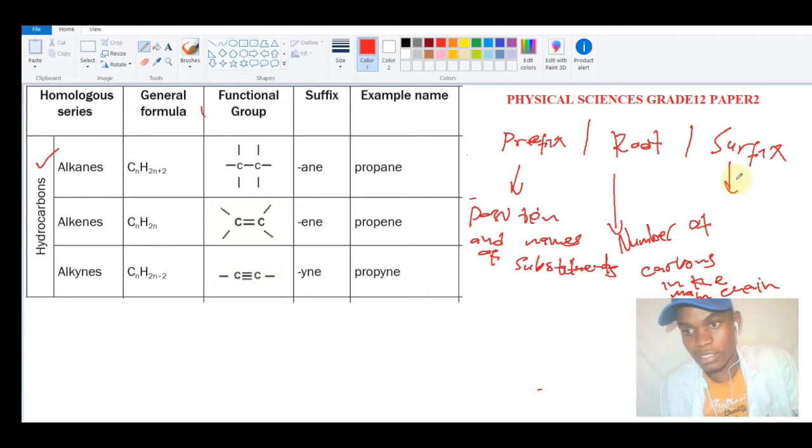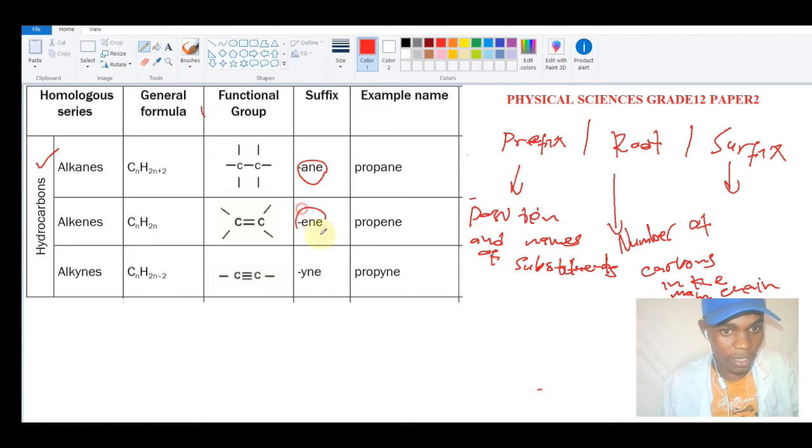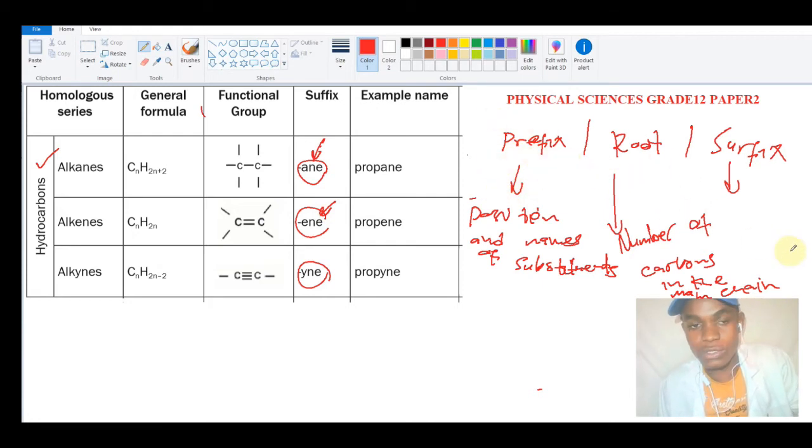And then the suffix talks about the ending. The suffix is determined by a homologous series. That means if you've got alkanes, your compound will have the suffix "ane". You've got alkenes, your suffix will end with "ene". So a name is made up of a prefix, root, and a suffix.